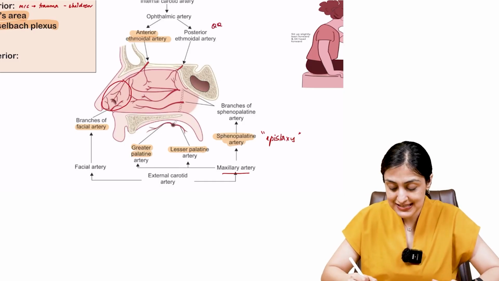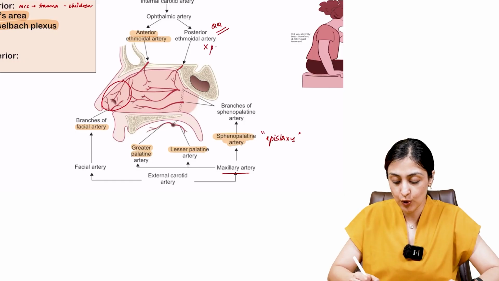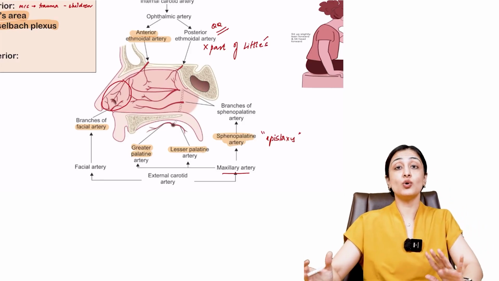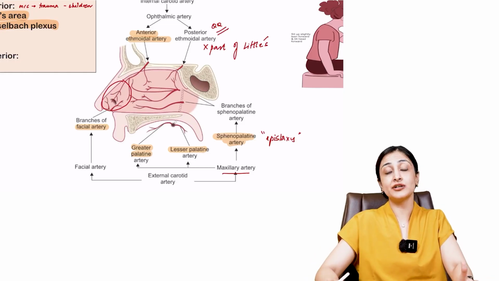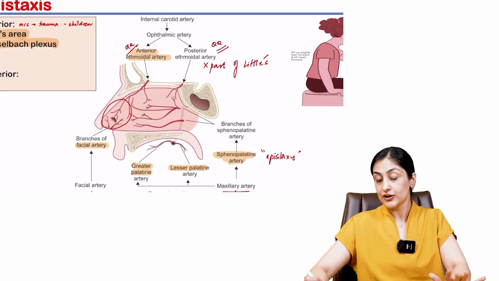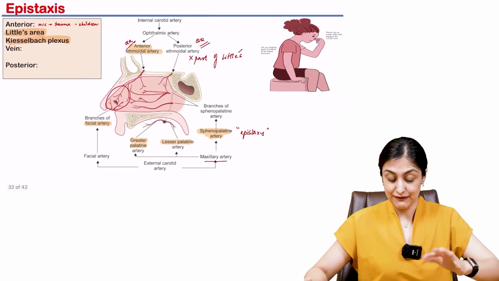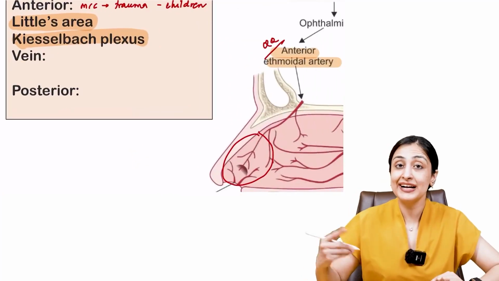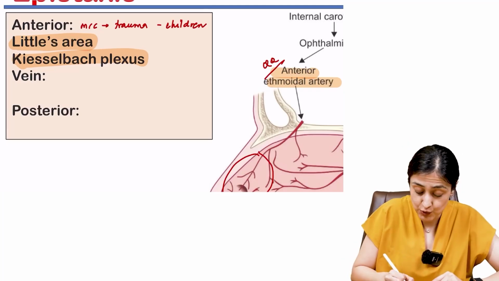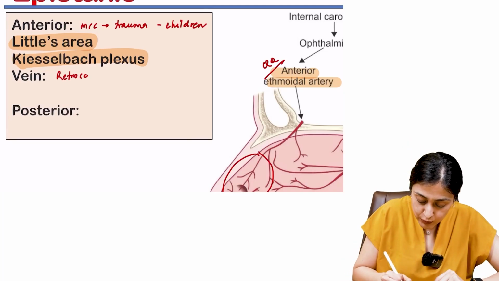So all except posterior ethmoid are part of Little's area, because it's posterior, right? Another question can be, which is the only part of the internal carotid artery which is forming Little's area? Then the answer becomes anterior ethmoidal, right? So this is about the vascularity. The vein that can lead to anterior epistaxis, usually that bleeds in adults, is going to be your retrocolumellar vein.